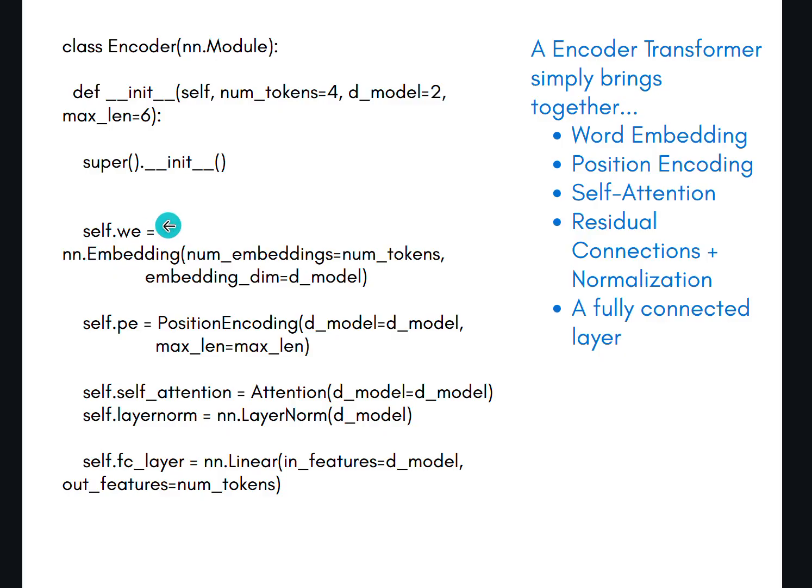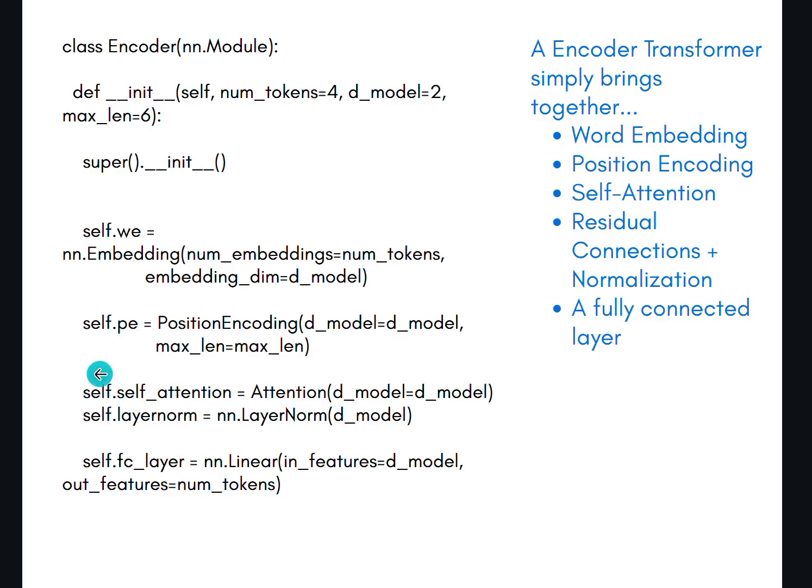So here we have word embedding, just taking the embedding module from PyTorch, right? num_embeddings equals num_tokens, with d_model as the embedding dimension. That's 2. Then positional encoding, taking that positional encoding class, so d_model equals d_model and max_len.